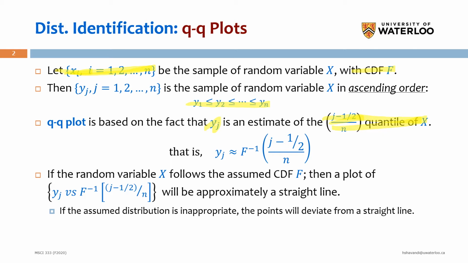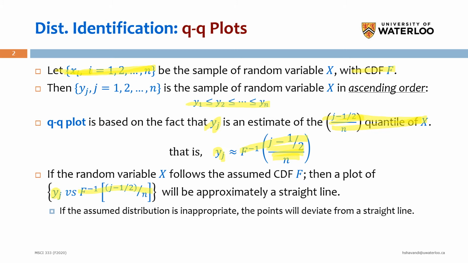If we had infinite data, this half would have no impact on our calculations. It's just for accuracy. So we assume that y_j is an estimate of F inverse of (j minus half) over n. Then we plot y_j versus F inverse of (j minus half) over n, which is called the QQ plot.